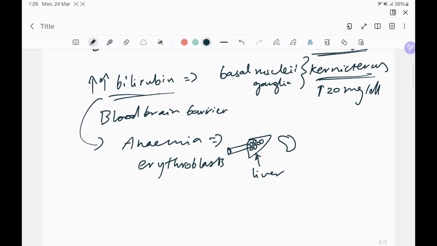Then the most severe form of hemolytic disease in the newborn is called hydrops fetalis. Hydrops fetalis is a sad situation where it's called a bag of waters.